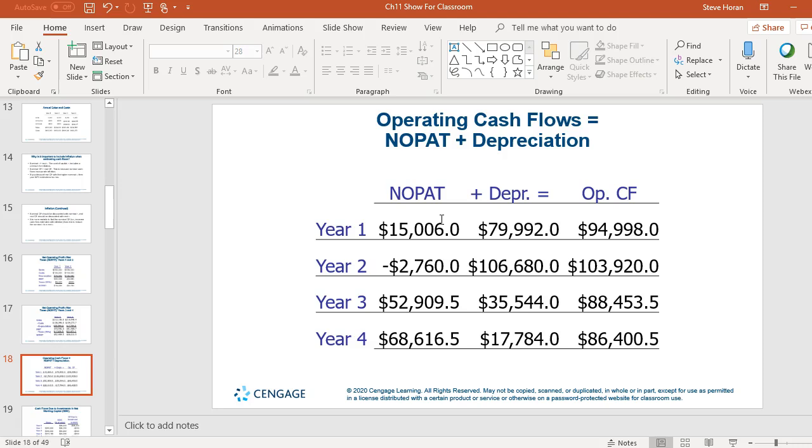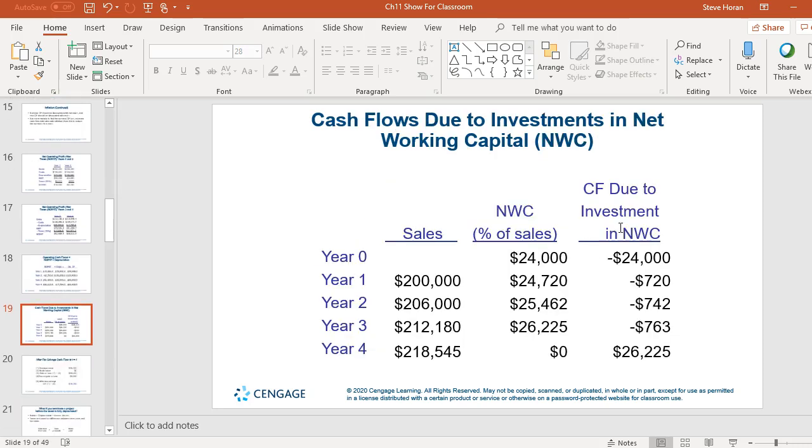And so because depreciation is a non-cash expense, we have to add it back to our net operating profit after tax. So I take my net operating profit, add back depreciation, I get my operating cash flow. So this is what matters right here. These 4 years of operating cash flows are really what I need to ultimately figure out, will this project work?